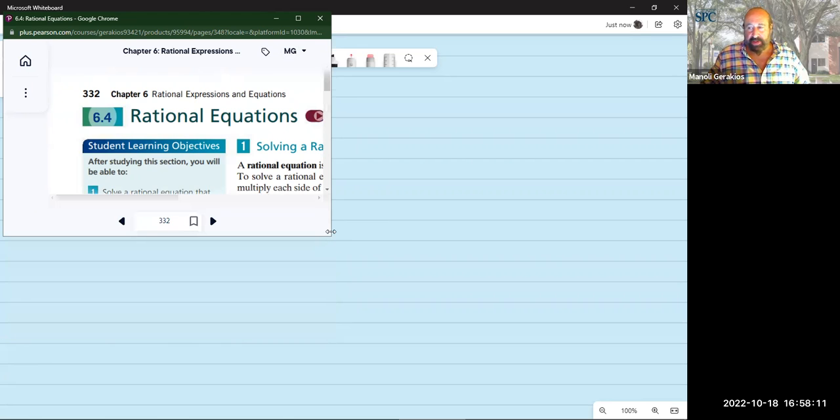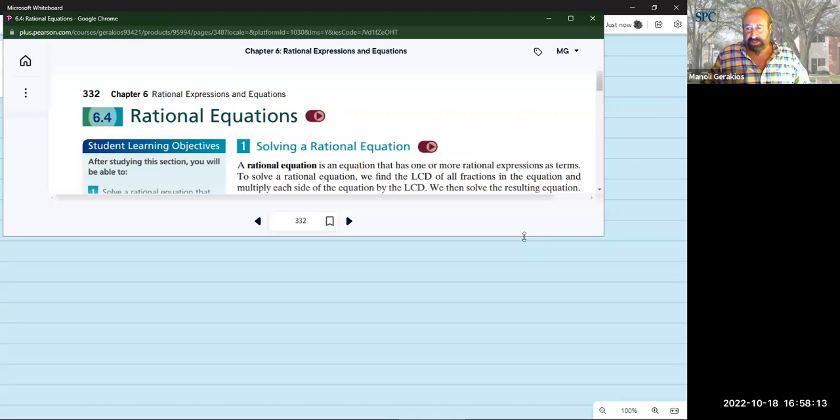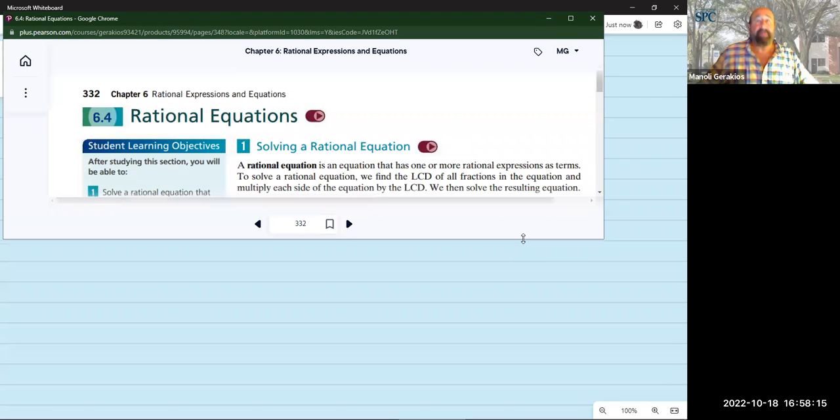Now we're going to discuss equations, which we haven't done for a little while, because we've been focused on polynomials and factoring, and the arithmetic of add, subtract, multiply, divide, simplify, and domain of a rational function. But now it's back to solving an equation.